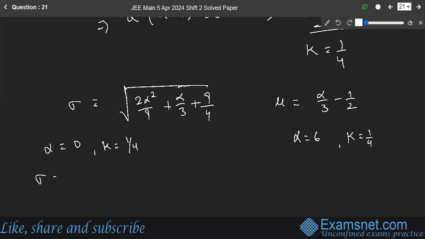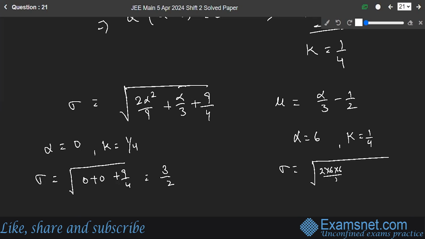Let's solve for sigma. This will be equal to the root of 0 plus 0 plus 9 by 4, which gives you 3 by 2. Or here, under the root, this will be 2 into 6 upon 9 plus 6 upon 3 plus 9 by 4, which on solving will give you 7 by 2.